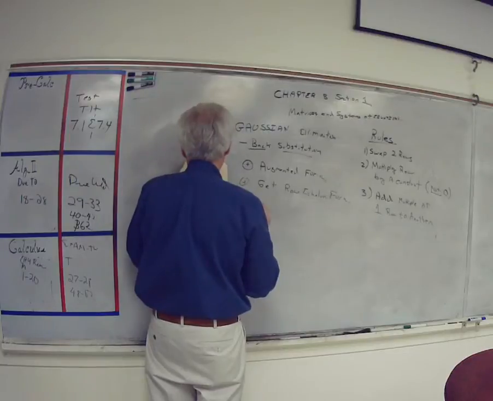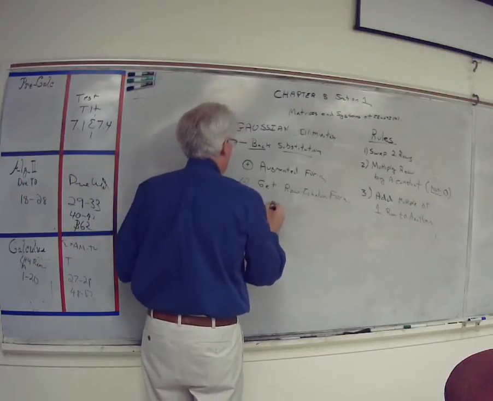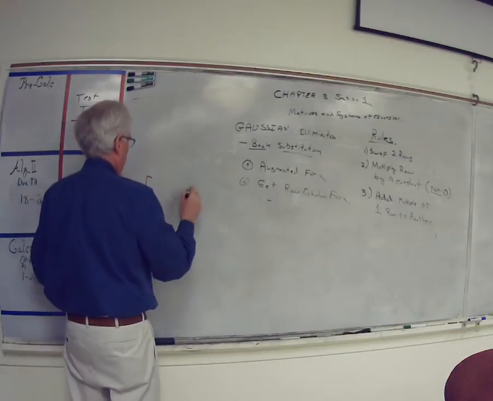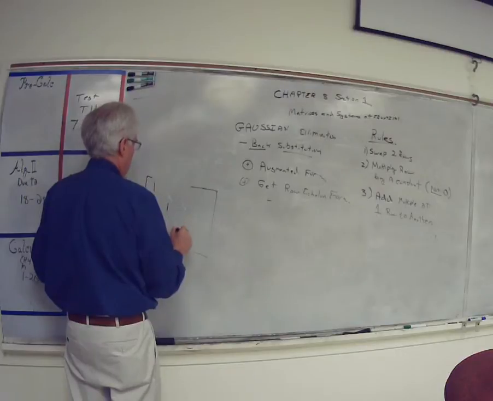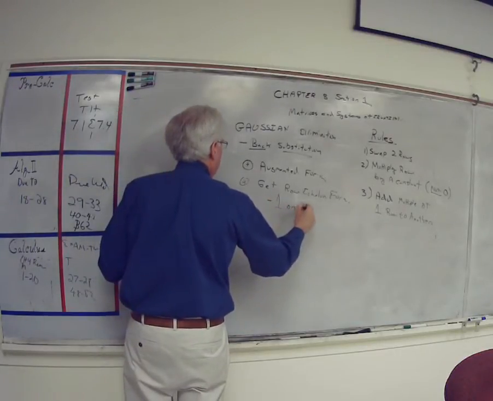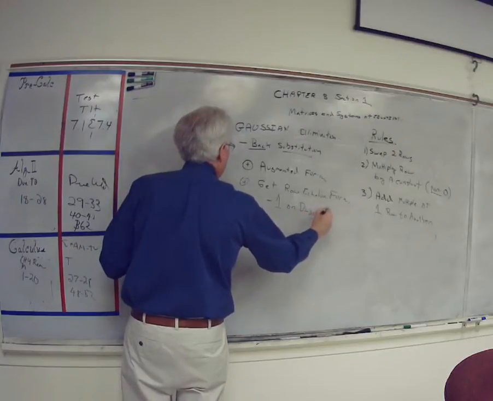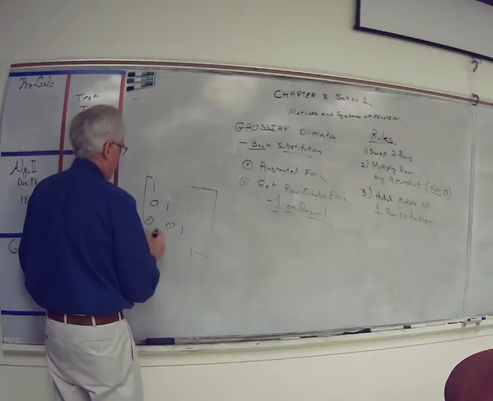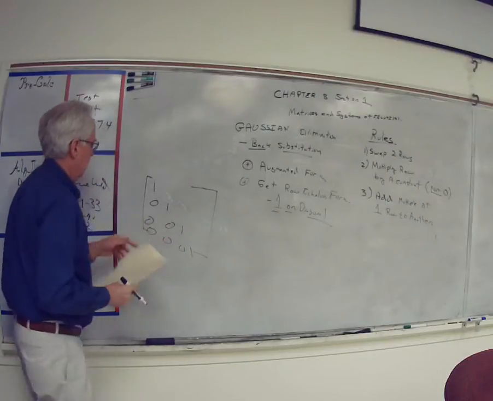What is row echelon form? You want a 1 on the diagonal, and then leading zeros, right?